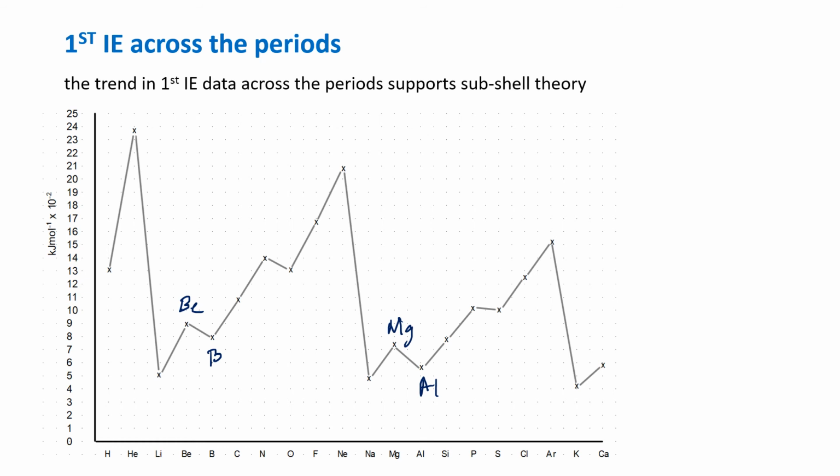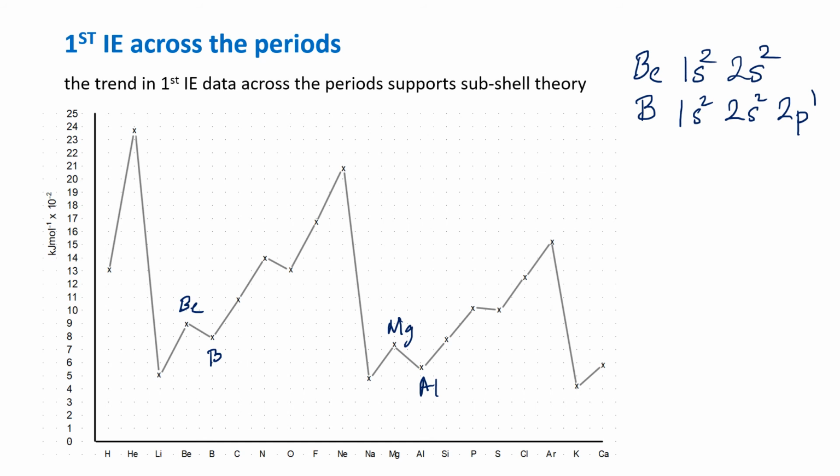Well, the explanation lies in the electron configurations of the two elements. If we compare beryllium and boron, we know that beryllium has 4 electrons, and if we write that in subshells, it's 1s2, 2s2. Boron, which has 5 electrons, is 1s2, 2s2, 2p1. So we're looking to remove 1 electron from beryllium and 1 electron from boron.